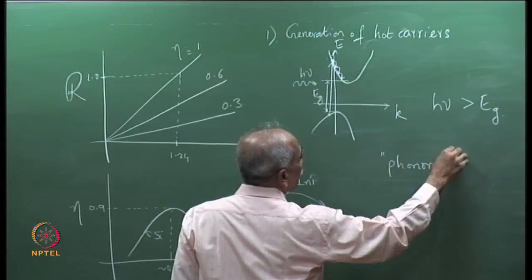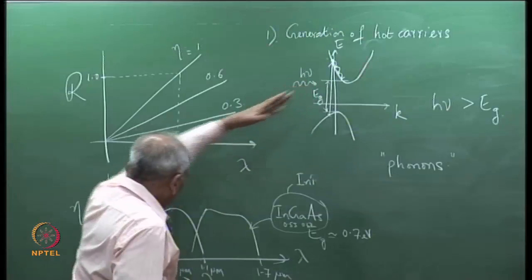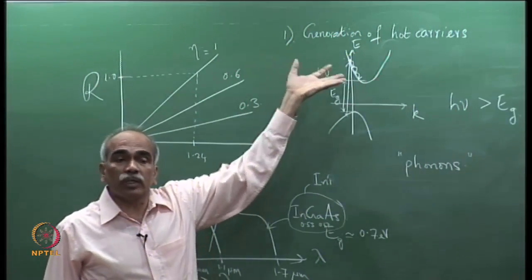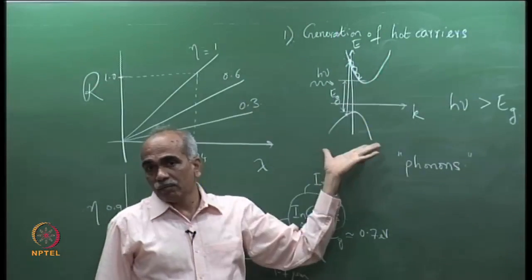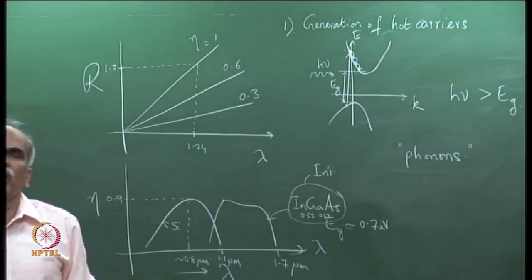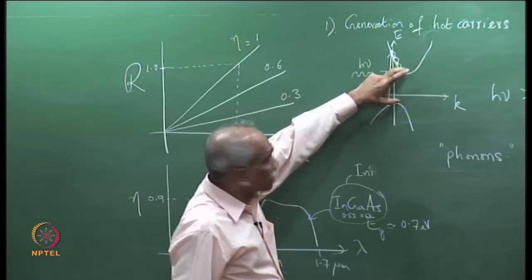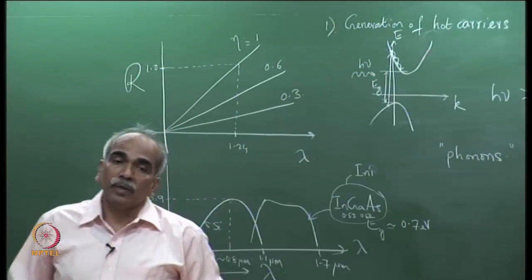Therefore, generation of hot carriers leads to a large quantity of phonons in the lattice, and phonons present in the medium will facilitate non-radiative recombinations, very quick non-radiative recombination. In other words, the generated carriers will recombine very quickly by non-radiative recombinations.